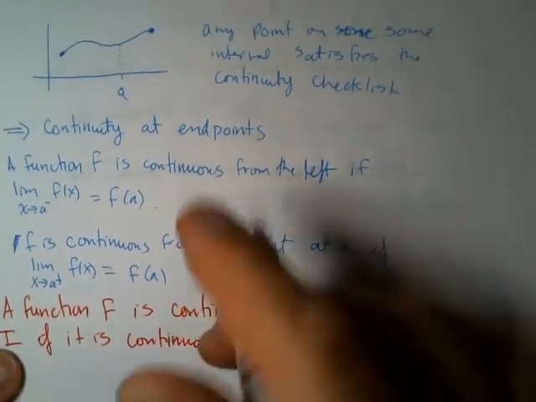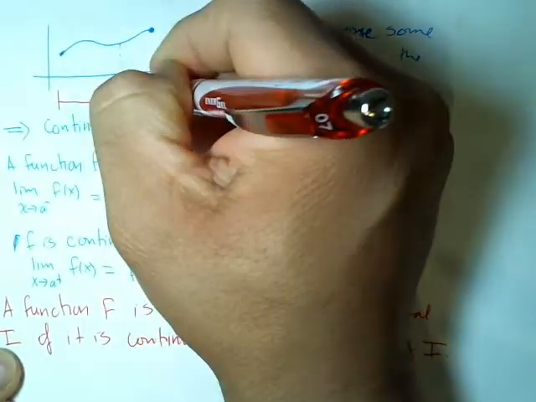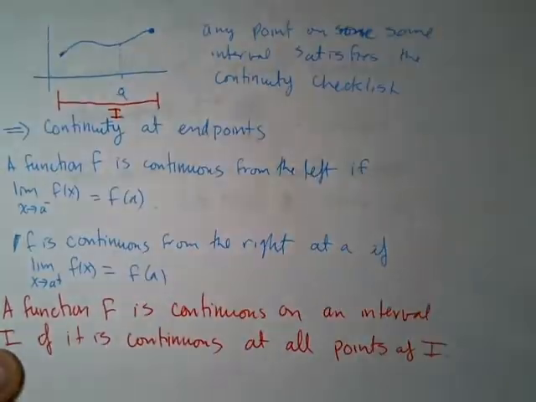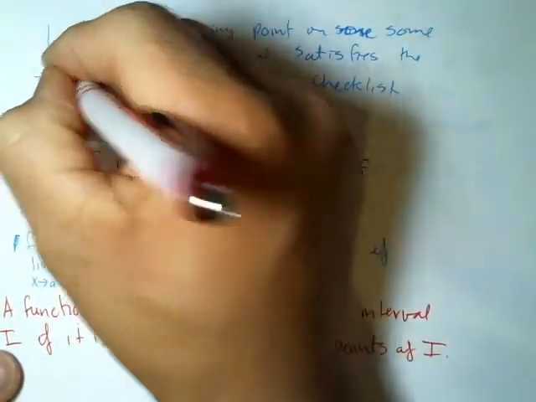So in this case, we could say from here to here, that is what I'm calling I, whatever those values of the endpoints happen to be.